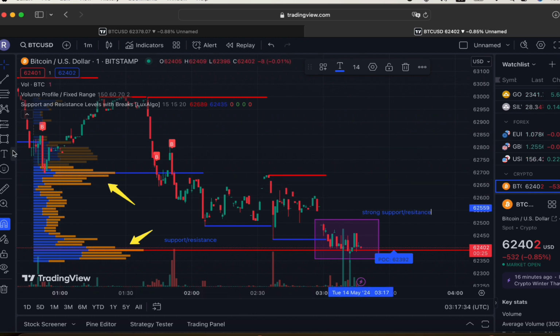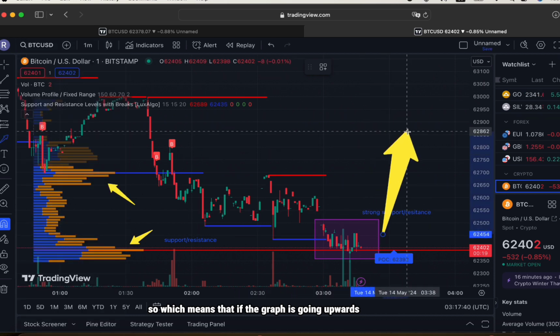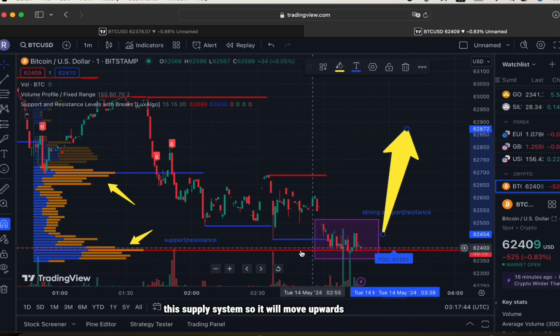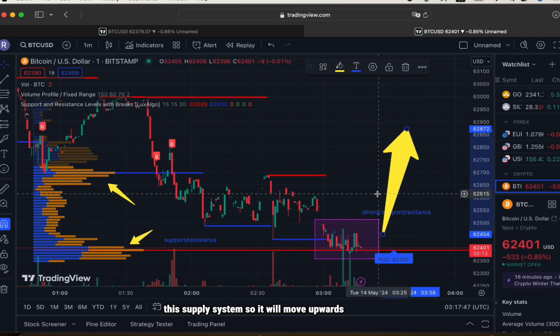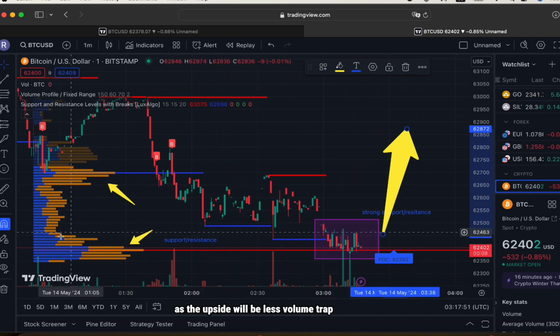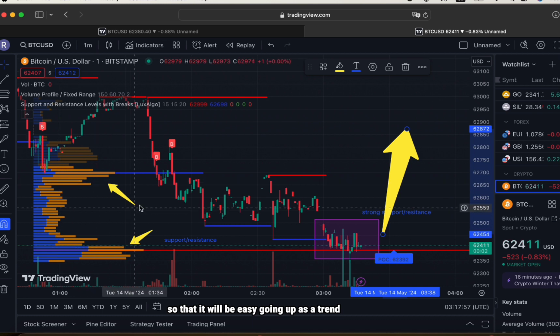So if the graph is going upwards, it needs to break this area, this support and resistance, and then it will move upwards, as the upside will have less volume trapped, so it will easily go up as a trend.